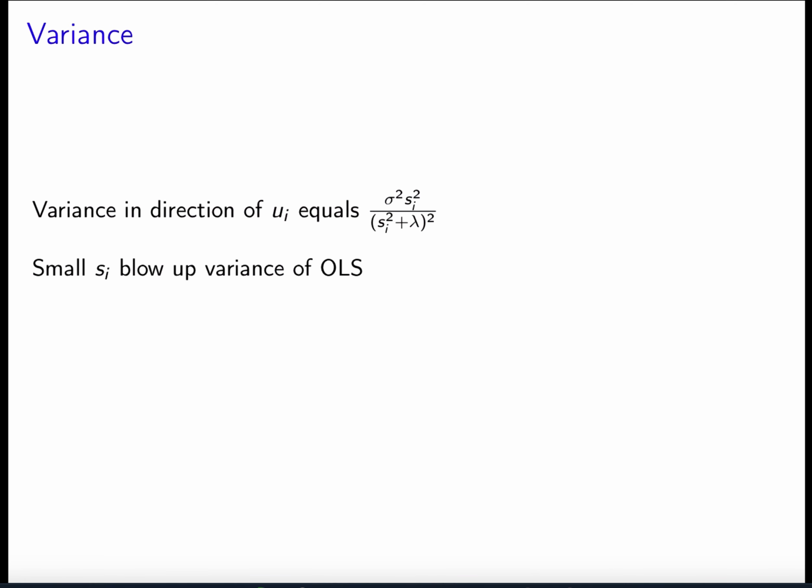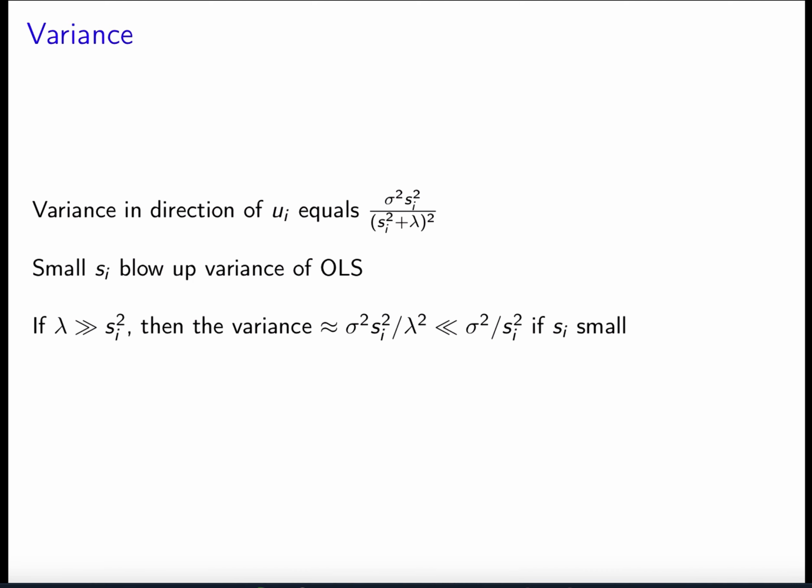Remember that for ordinary least squares, which you can see by basically setting this guy to 0, the variance is sigma squared over si squared. So if si is very, very small, boom, this explodes. That's these huge coefficient errors that we observed when we were looking at the coefficients, even in our real world example, when we didn't have enough data.